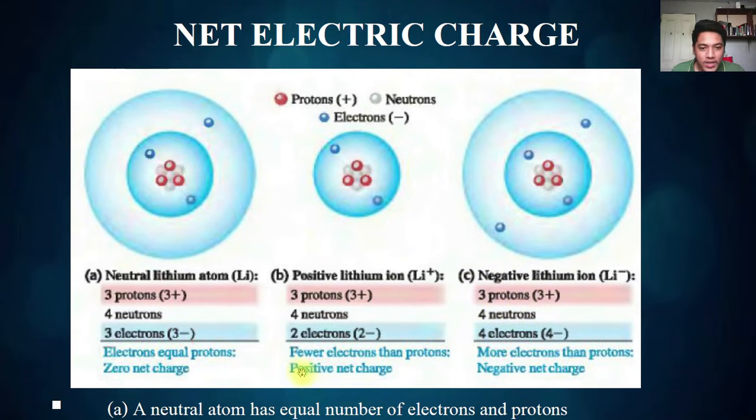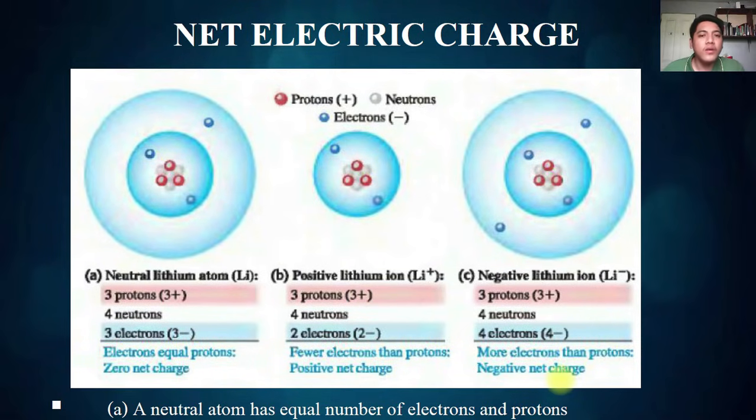Hence, we call this a negative lithium ion, a net negative charge atom. We call that positive net charge, negative net charge, and zero net charge if electrons equal protons. Zero net charge: equal. Fewer electrons than protons: positive net charge. More electrons than protons: negative net charge.